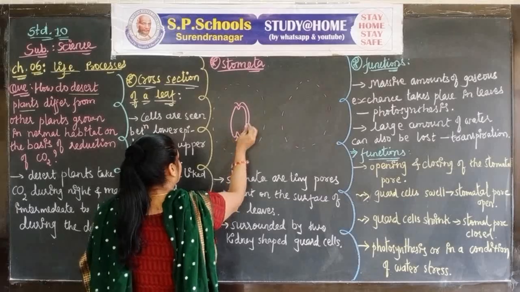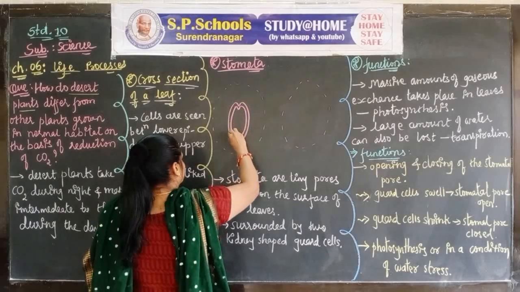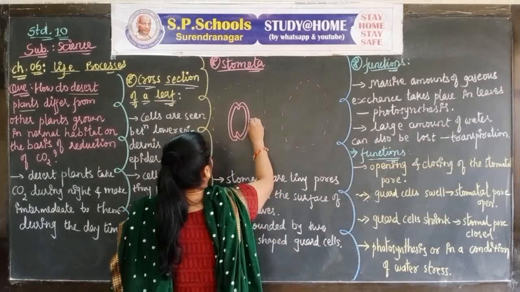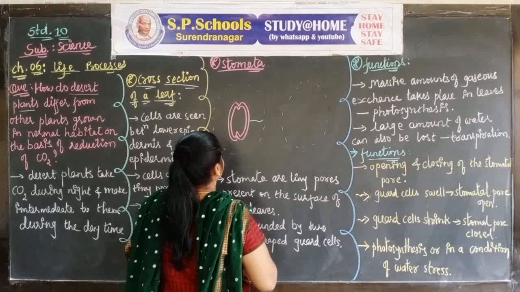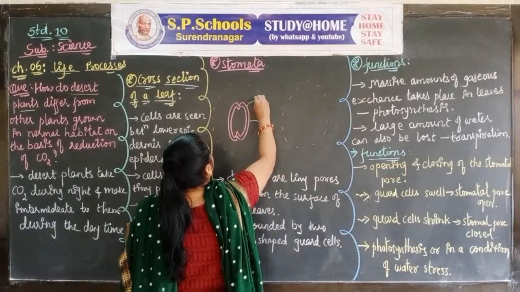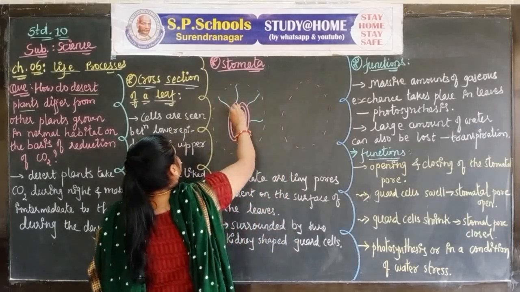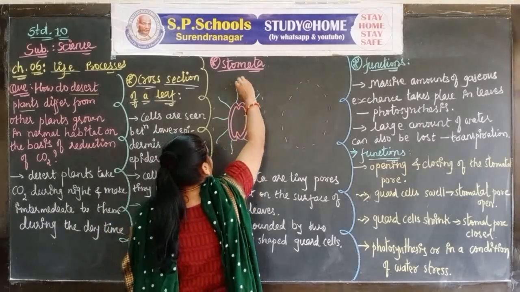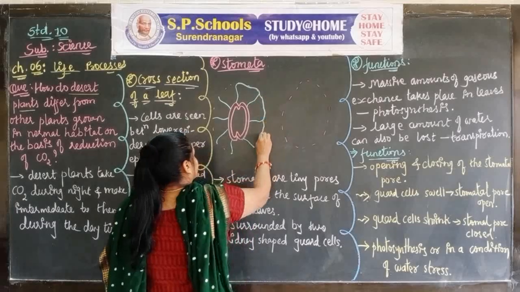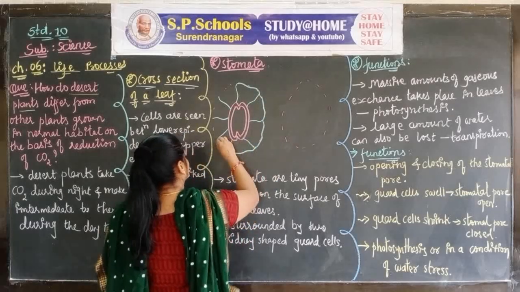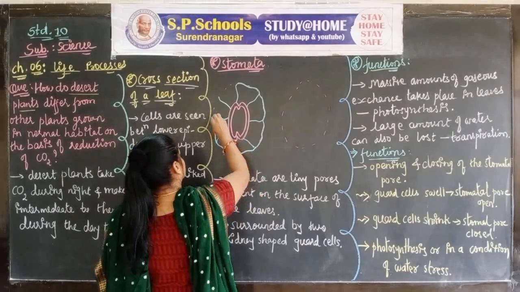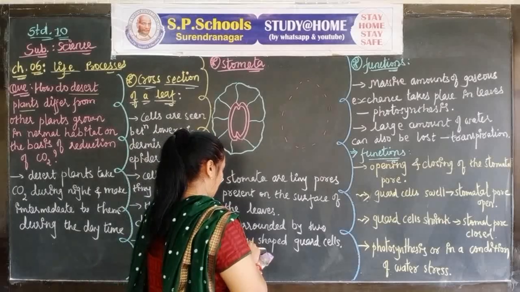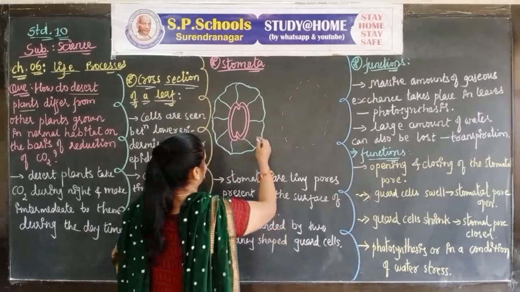First we draw the stomatal pore, and then we draw the guard cells. In guard cells, chloroplasts are present.